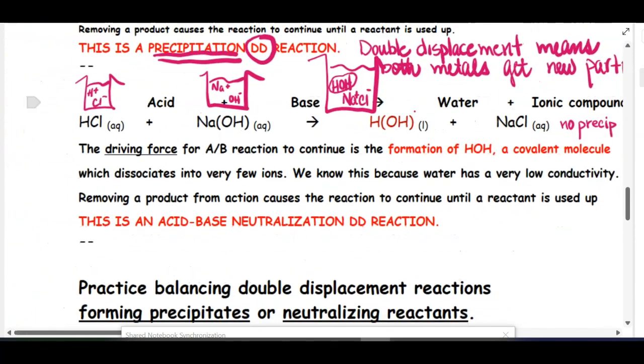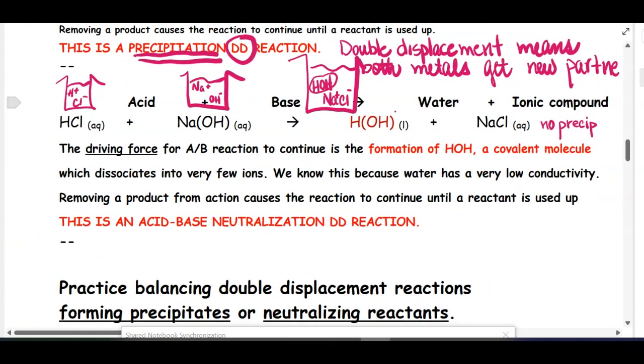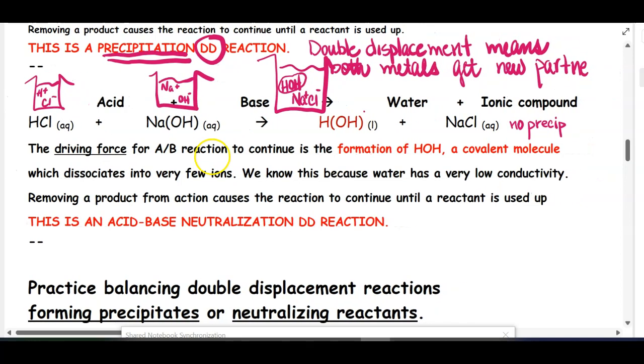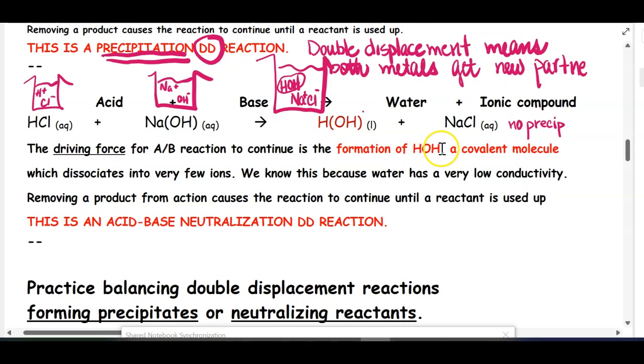So here's what this means. The driving force for the acid-base reaction to continue is the formation of HOH, a covalent molecule which dissociates into so few ions that we couldn't even see anything but 0 on distilled water. We know this because water has a very low conductivity. Yes, 0. We saw it, right?